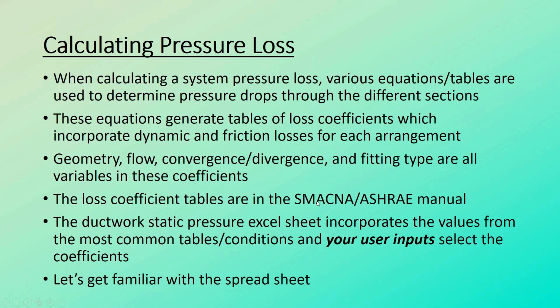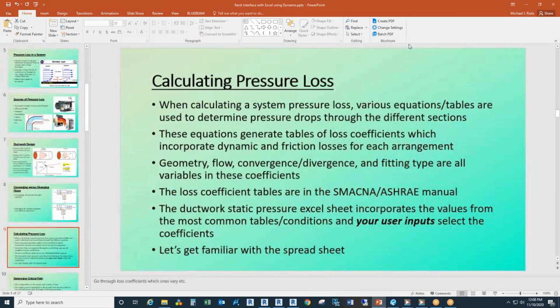The tables themselves are from SMACNA and ASHRAE, and John has taken these tables and put them into his spreadsheet. Your user inputs, though, are what dictate what coefficients are used. So we're going to take a quick look at the spreadsheet.